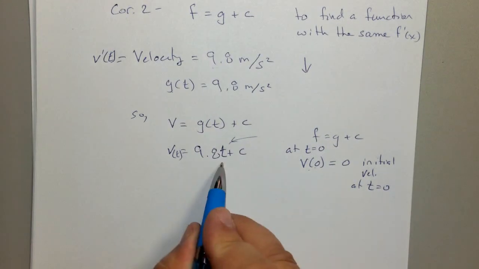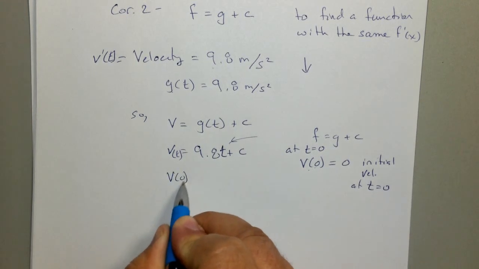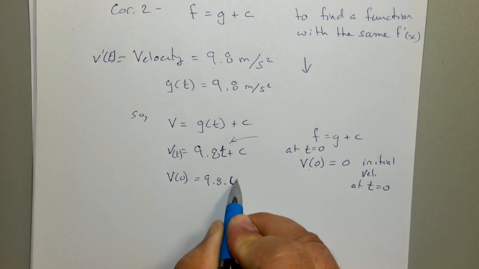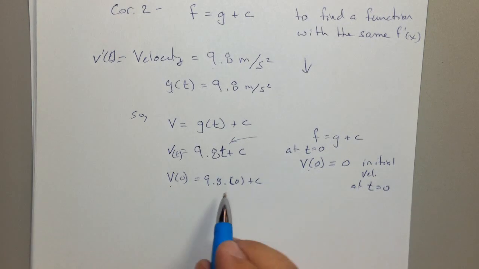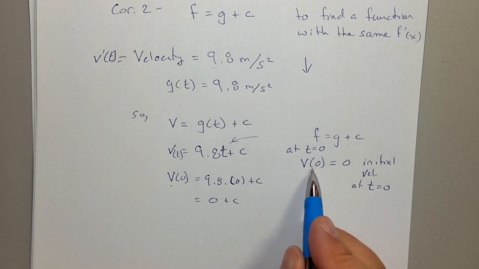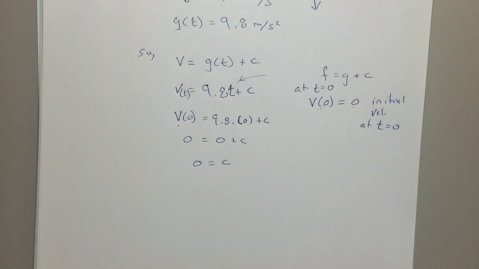So when t is 0, we have v of 0 equals 9.8 times 0 plus c. We know the initial velocity is 0, so our constant is 0.